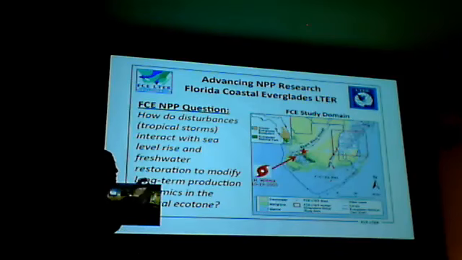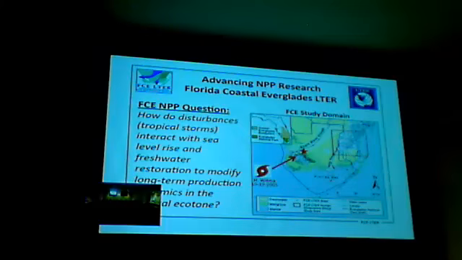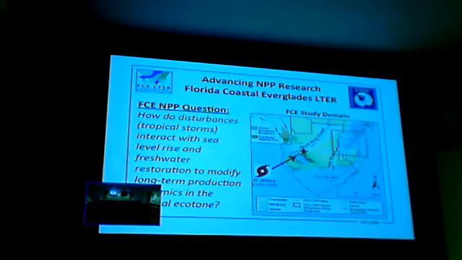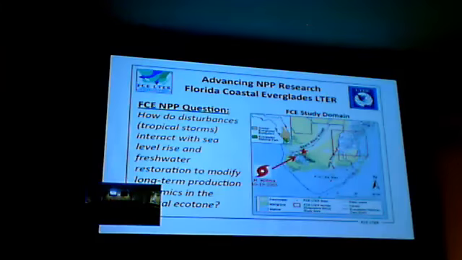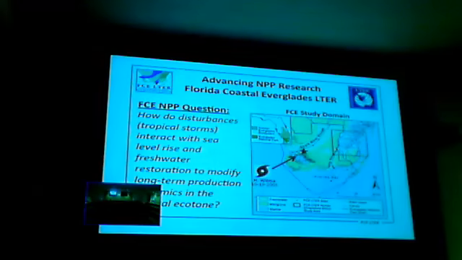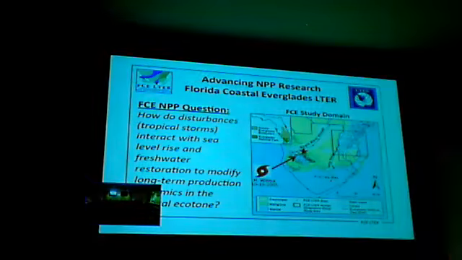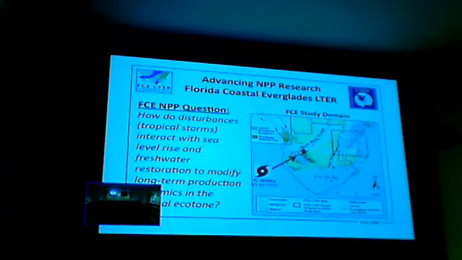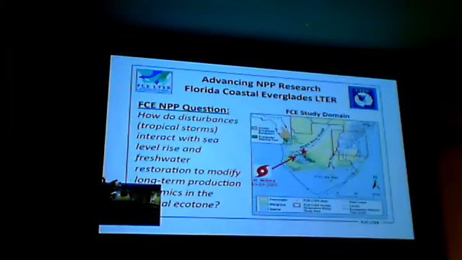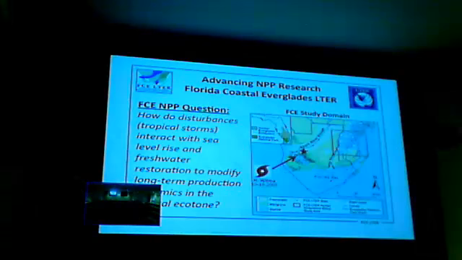For us, one of the most interesting issues was the impact of Hurricane Wilma in 2005. Basically, how do disturbances, these short-term pulses like tropical storms, interact with sea level rise and freshwater restoration to modify long-term productivity at the ecotone?